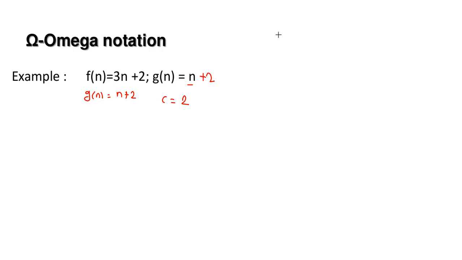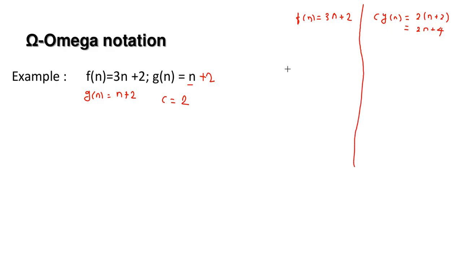So c into g of n is 2 into n plus 2, which is equal to 2n plus 4. Let's go on calculating the values and see how this omega notation works.